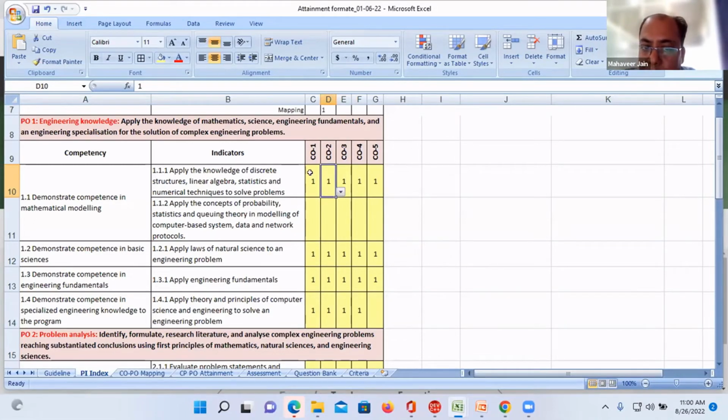If I am putting the one for CO1 and PI1, then for determining this PI, what question would I ask in my exam? For calculating whether I have achieved CO1 with the help of PI1, I should plan some questions. Making sense?